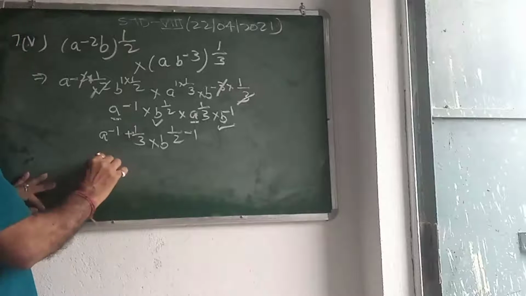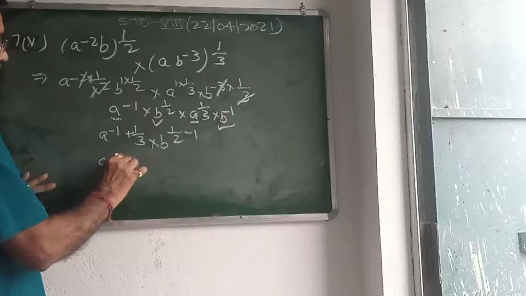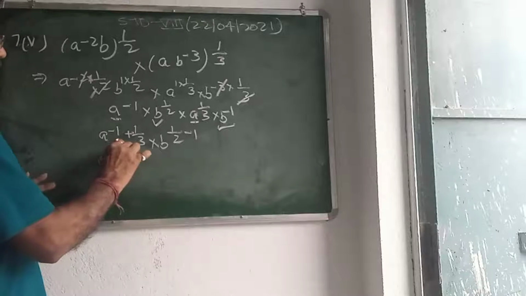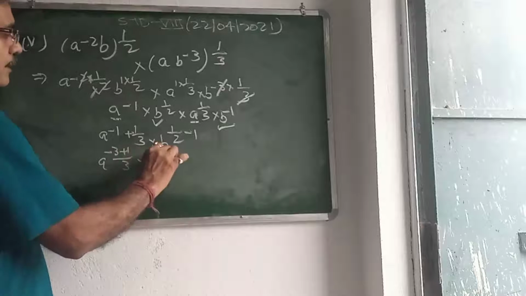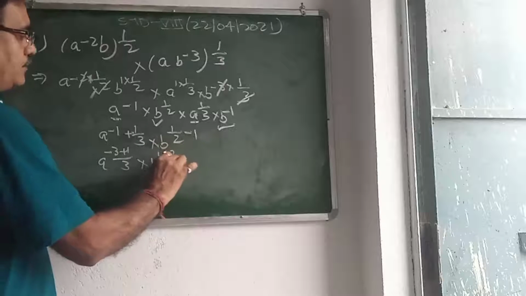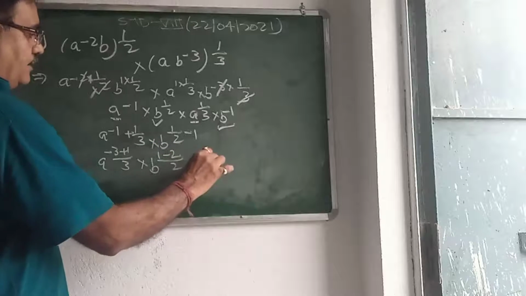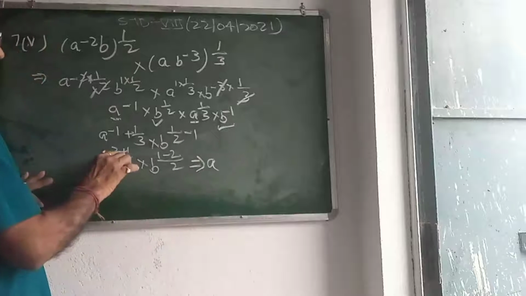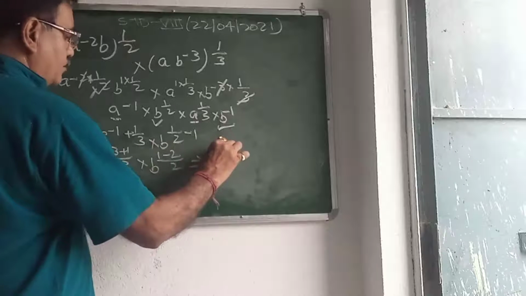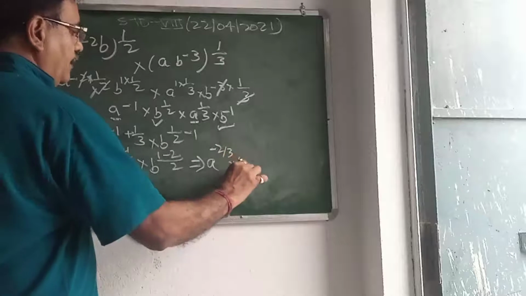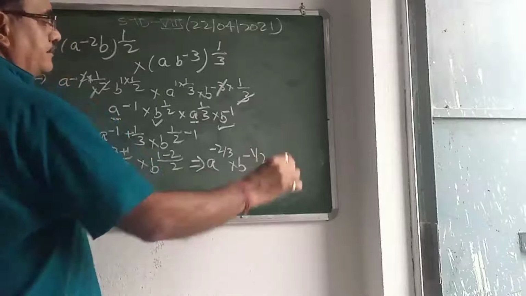Now the LCM is 3: minus 3 plus 1 into b, 1 minus 2 by 2. This implies a to the power minus 3 plus 1 by 3, which is minus 2 by 3, into b to the power minus 1 by 2.